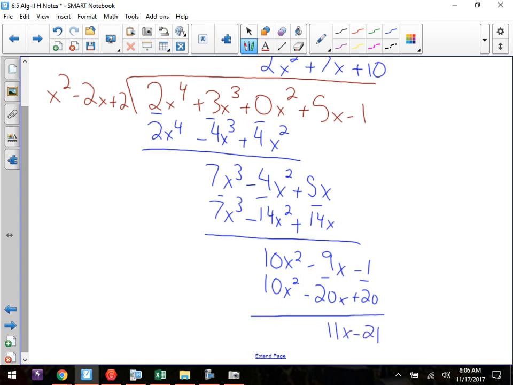Now, that, you'll notice, is a degree less than what we were dividing by. When you get to a degree less than what you're dividing by, and it's not 0, that then becomes your remainder. So how we write our remainders with long division with polynomials is a little bit different than, you guys wrote R. We're not going to write R 11x minus 21.